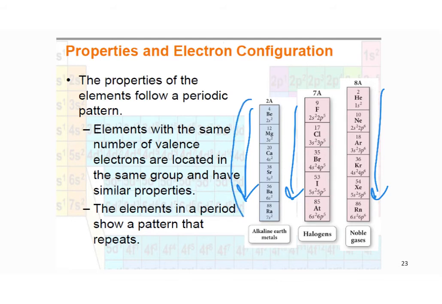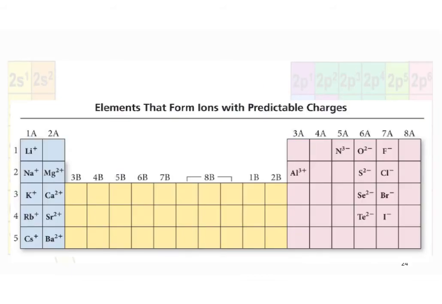So all of the elements that have the same number of valence electrons are going to have similar properties. All right, so now because elements that are in the same group have the same number of valence electrons, I'm just going to put those up here. 1, 2, 3, 4, 5, 6, 7, and 8 valence electrons.